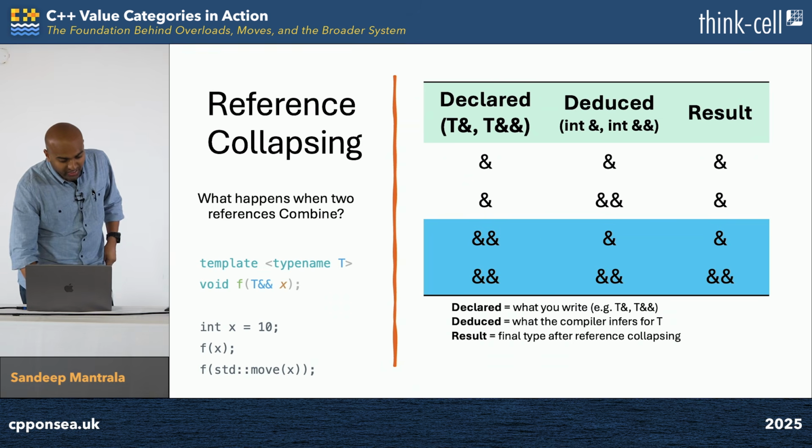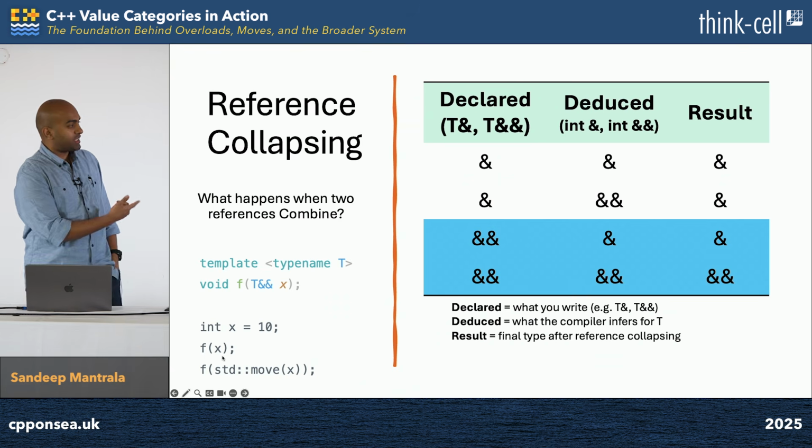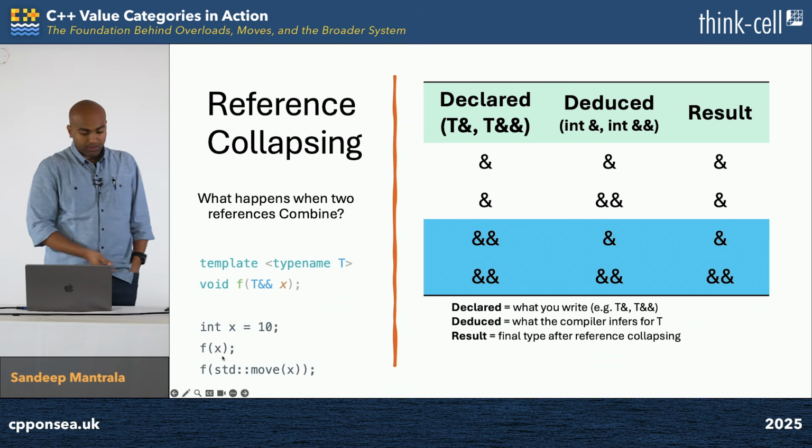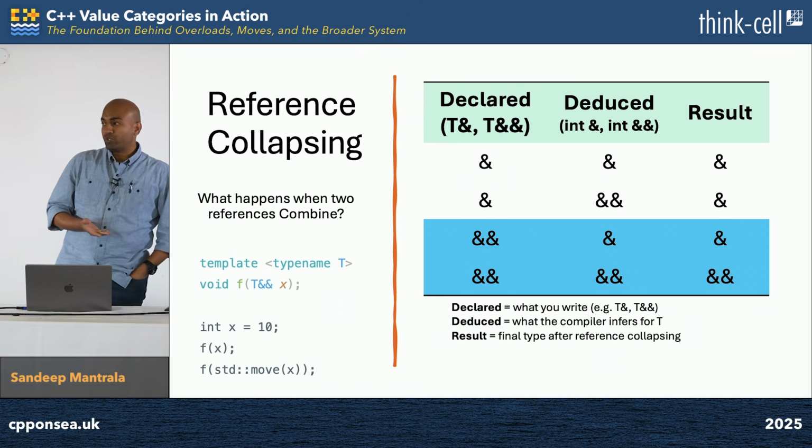So you have int x = 10, f(x), and f(std::move(x)). Just an example here. When you say f(x), what would happen? x is an L value, right?